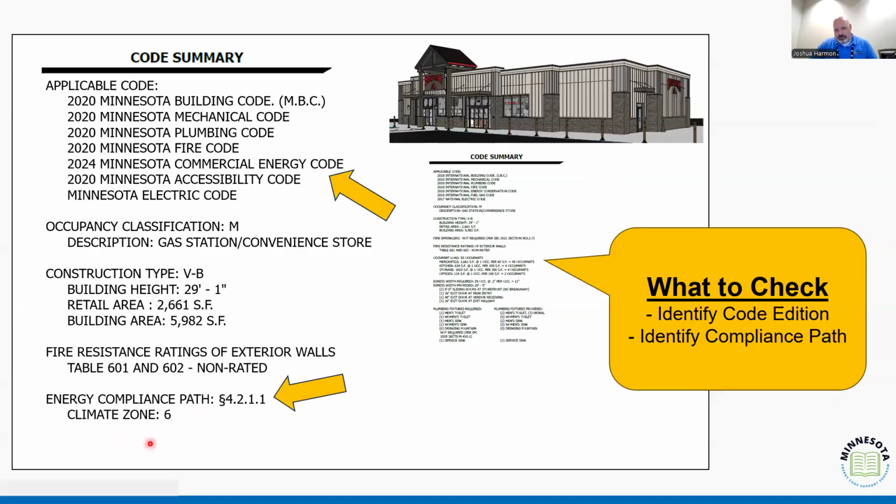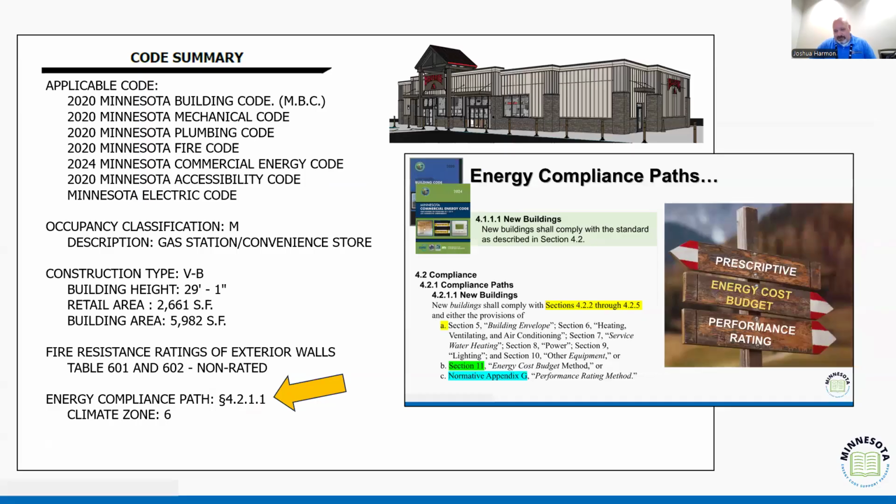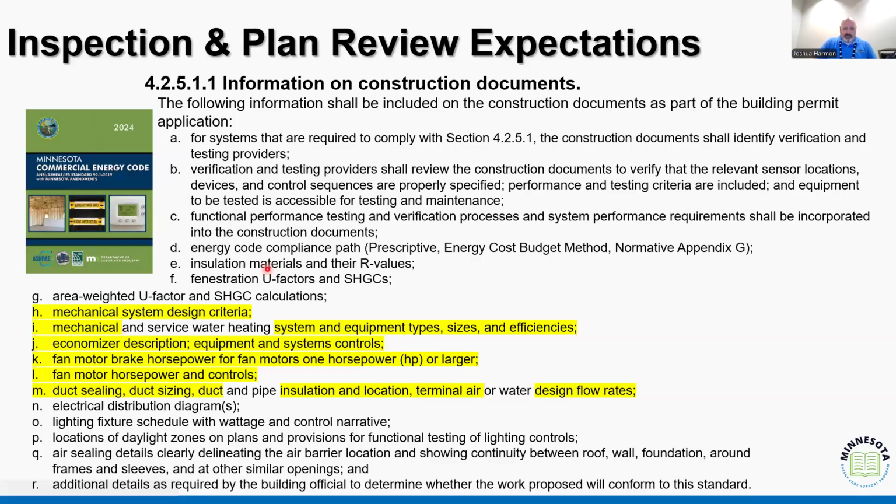I want to know that you know what the compliance path is. And when you put in this 4.2.11, you think that's good enough, but it's not, right? If we were to go back 2 slides, we even identify it parenthetically, right? We want that in compliance path. We want you to use these words, right? We know what these words mean.